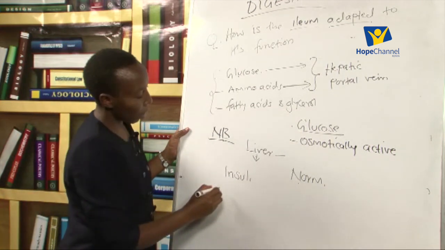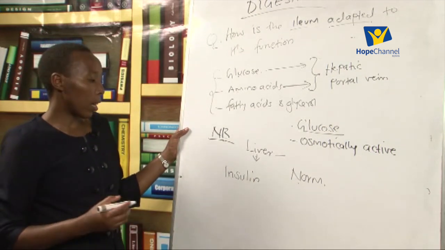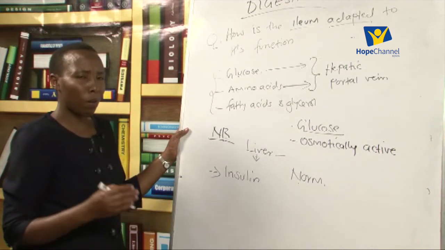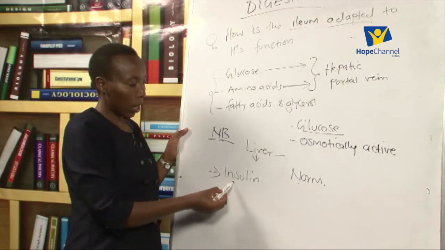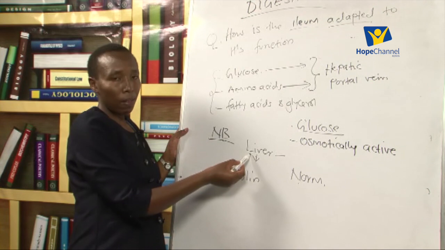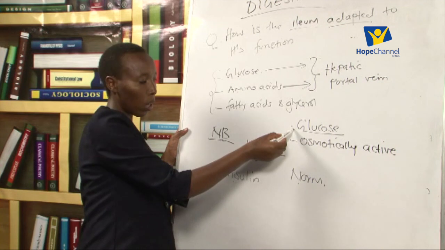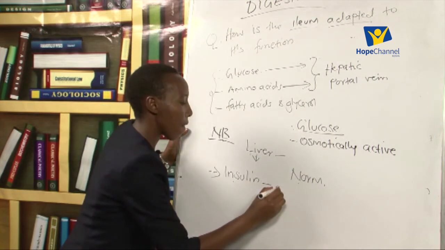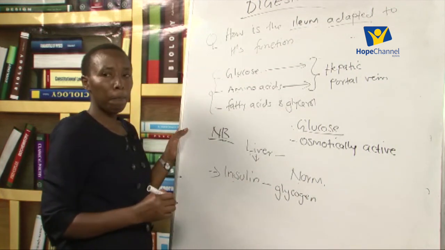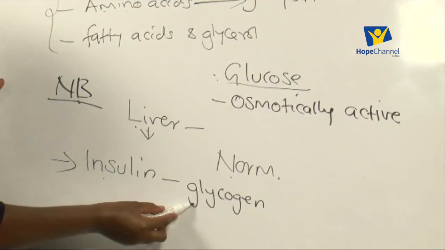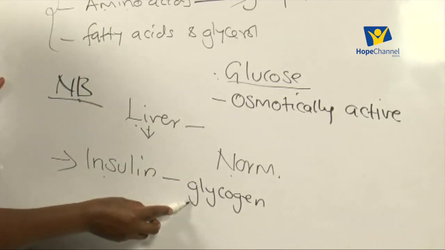If you remember, insulin. And we say that insulin has more than two roles. What did we say? We say that insulin, number one, stimulates the liver cells to convert excess glucose into glycogen. The glycogen will be stored in the liver. Some of it can be stored in the muscle tissues.